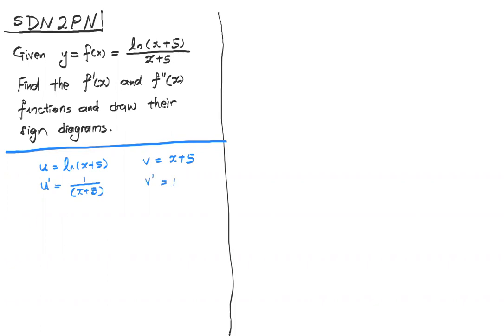Okay, so therefore f'(x) is equal to v u' minus u v', the whole thing divided by v squared.